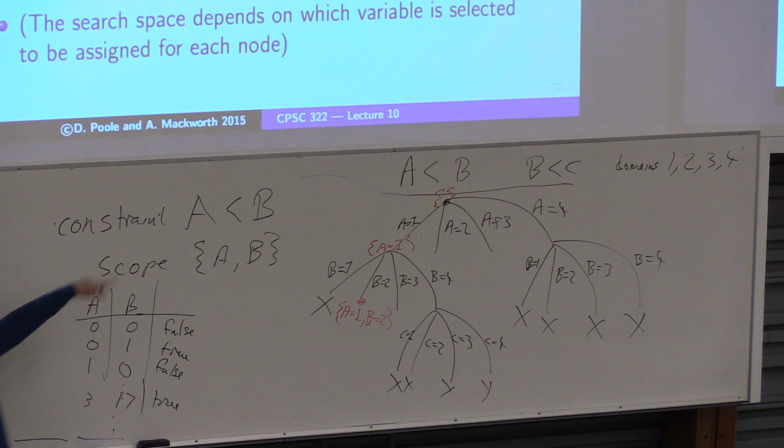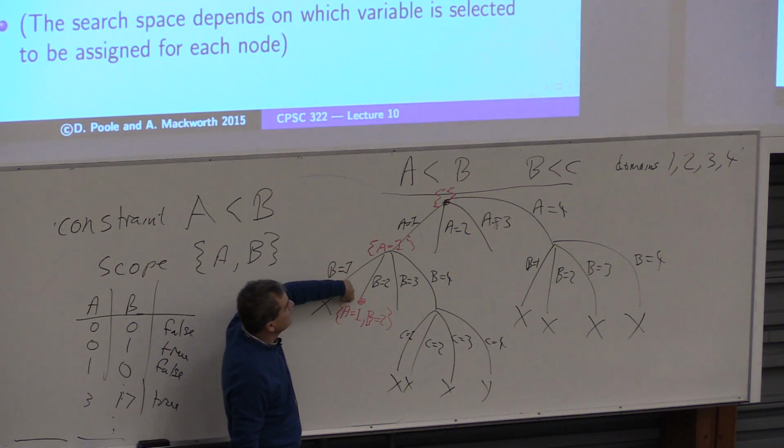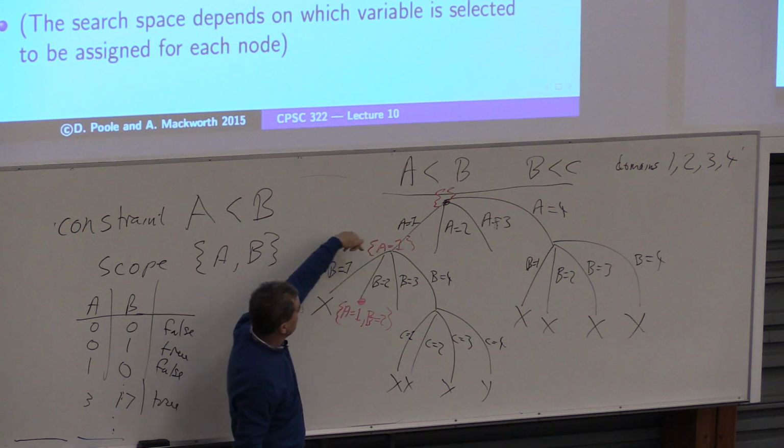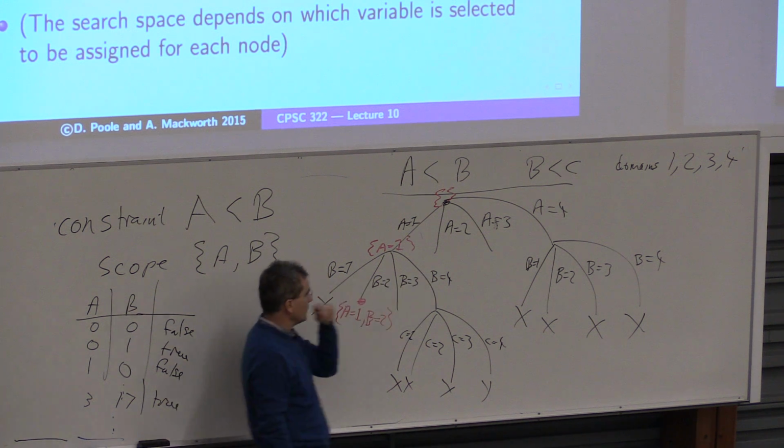And suppose we have a node with some assignment. All we're going to do is choose some other variable to split on. So if n is a node with some assignment, we're going to select a variable, say b, that isn't assigned, and for every value of that variable, there's a neighbor.